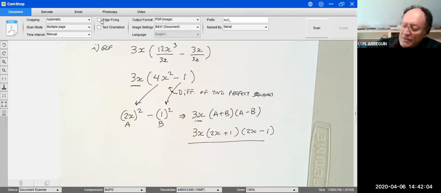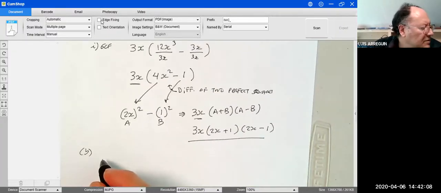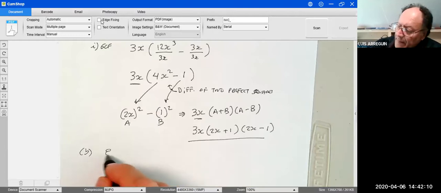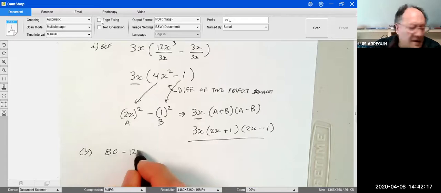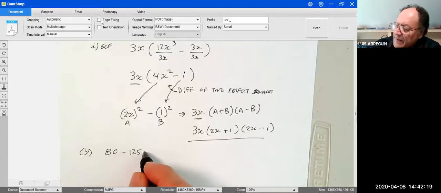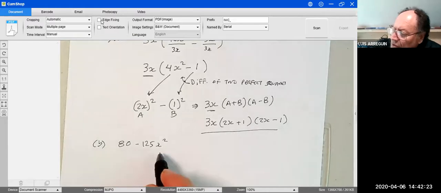Then we have one more example, B. So 80 that multiplies negative 125x squared. So 80 is not a perfect square, 125 is not a perfect square, so maybe we need to factor out something.